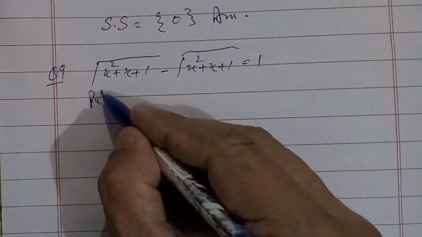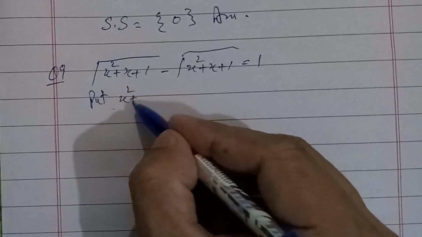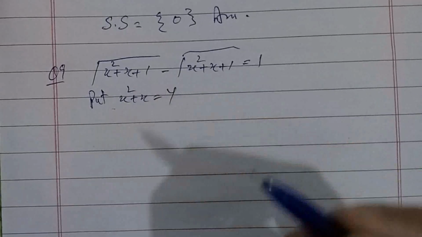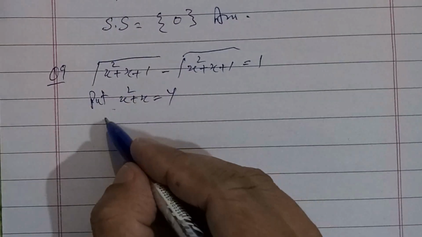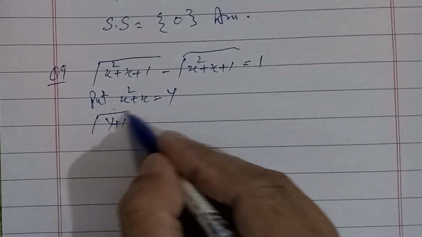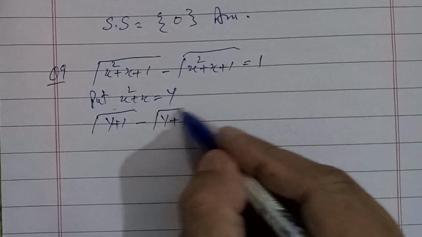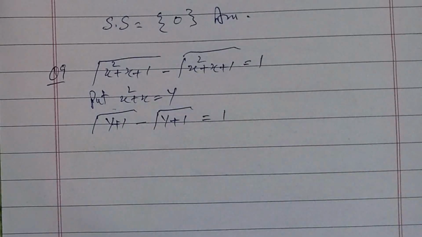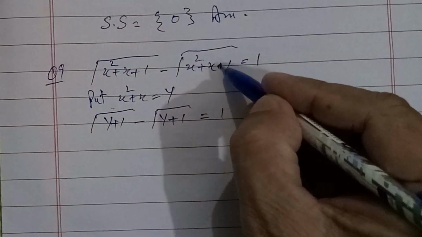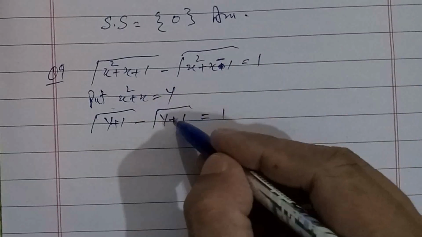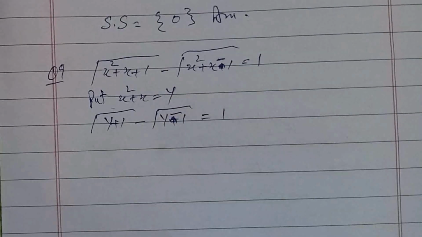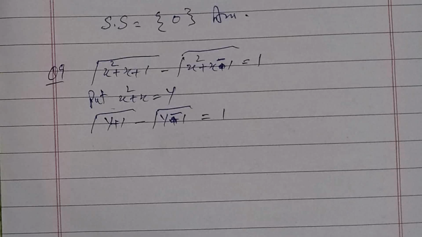Put x² + x = y. We find √(y + 1) − √(y + 1) = 1. The same method, sorry, here is minus 1, here is minus 1.